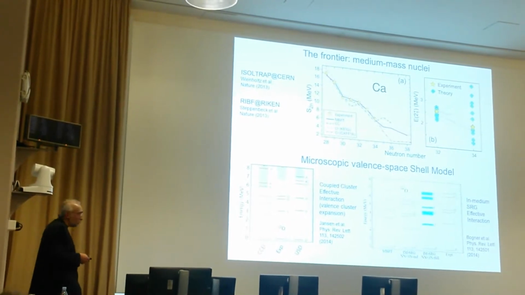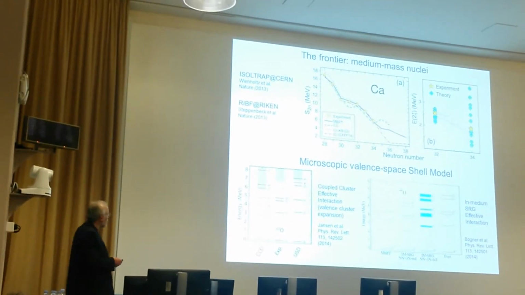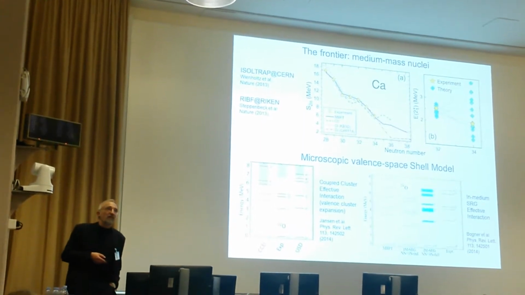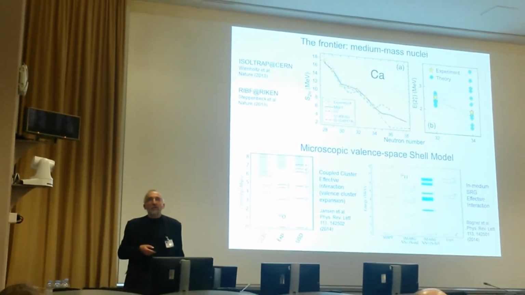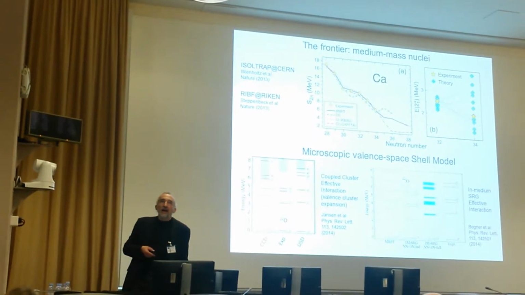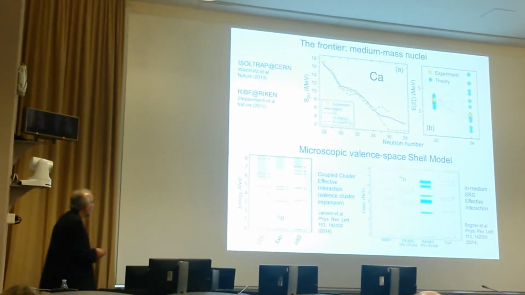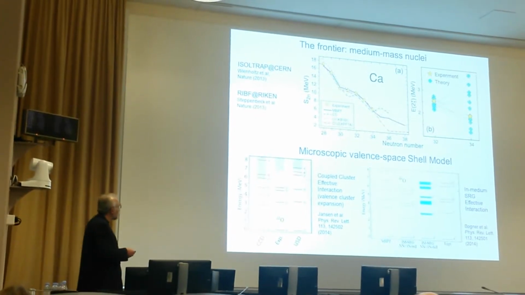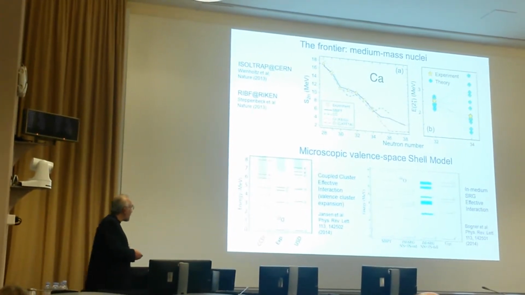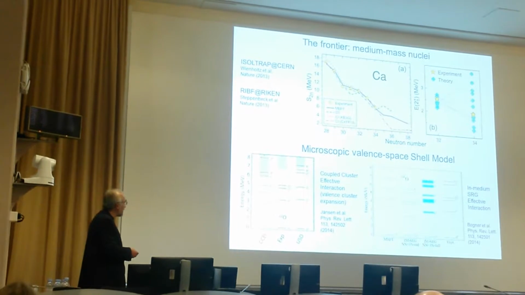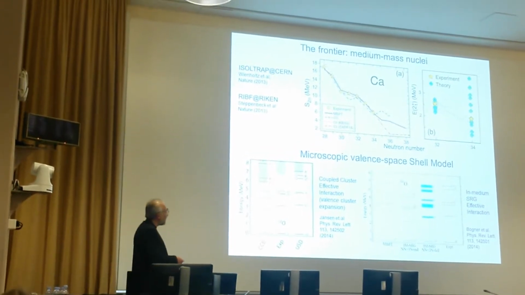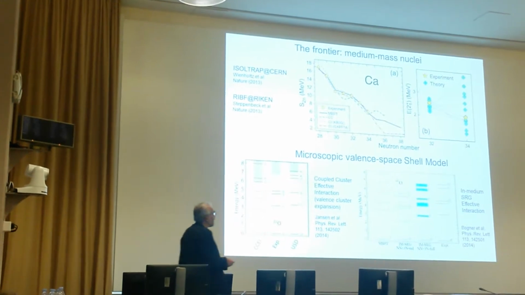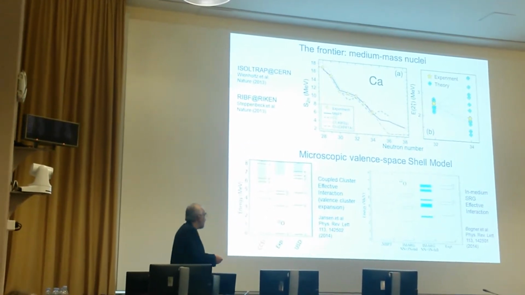The second example which I want to show are those microscopic shell model calculations in which the effective interaction is taken from ab initio theory. There are 2 recent papers, one on coupled cluster effective interaction using valence cluster expansion, Physical Review Letters 2014, and in this same volume, the in-medium similarity renormalization group effective interaction.